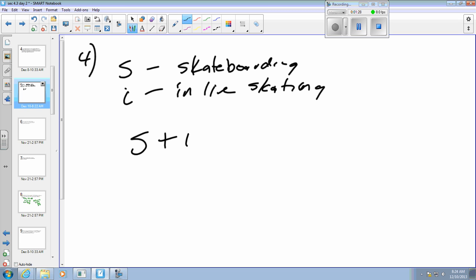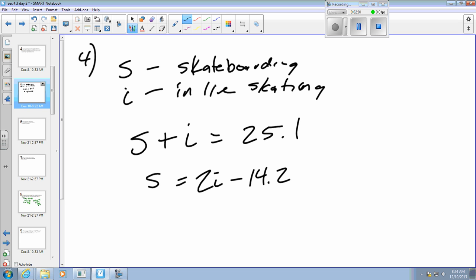So I'm going to take S plus I equals 25.1 million. And the other equation is going to come from the sentence after that. If the number of participants in skateboarding was 14.2 million less than twice the number of participants in inline. So if I take inline skating, multiply them by 2, and then subtract 14.2 million, that's going to give me the number of skateboarders. So there's my two equations.